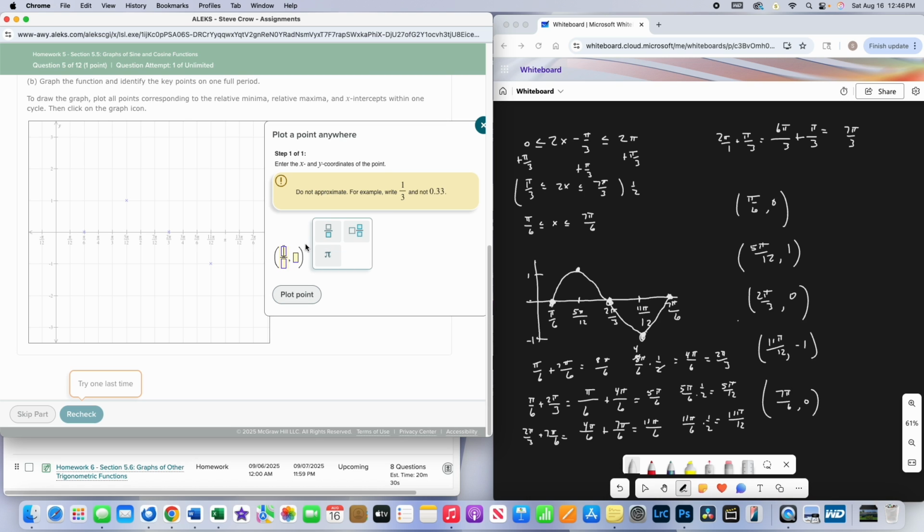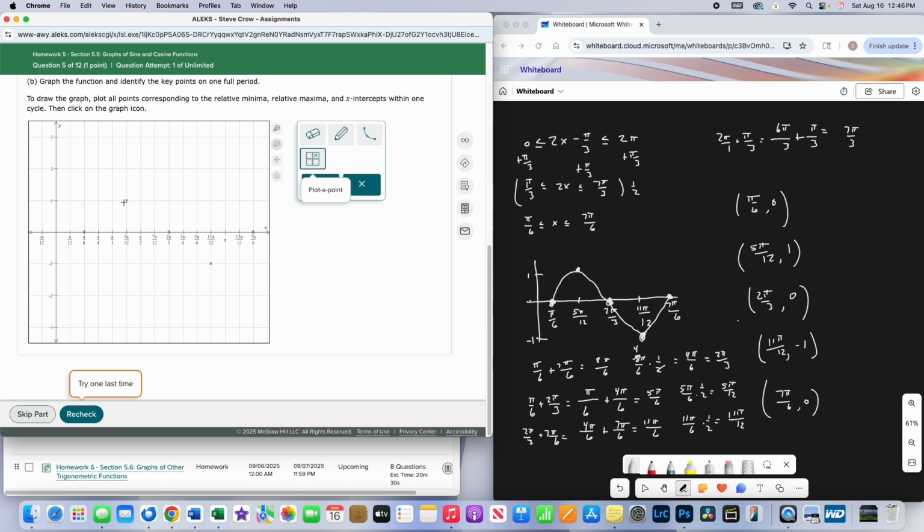And then we've got 7 pi over 6, 0, plot the point. Okay, so we've plotted all of our points. You see that? And then you just come up here and hit graph function, and there it is, and it draws it in for you. Okay, and you can see it looks just like the one we have over here.